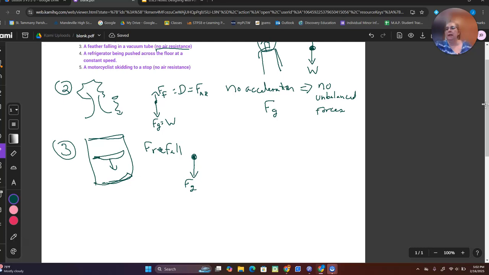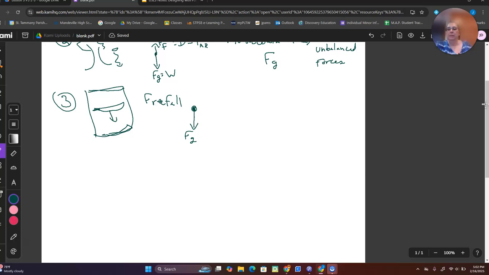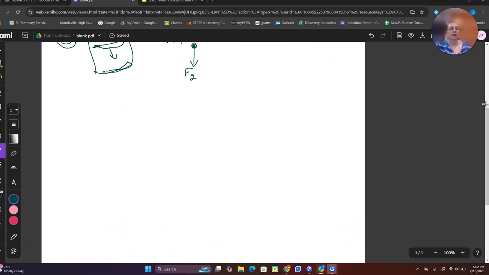All right, so this is going to be a little more complicated than just two forces because we have the floor, we've got the refrigerator, and we have a force pushing on the refrigerator. But the refrigerator against the floor is going to push back against the motion that is being applied to push it forward.